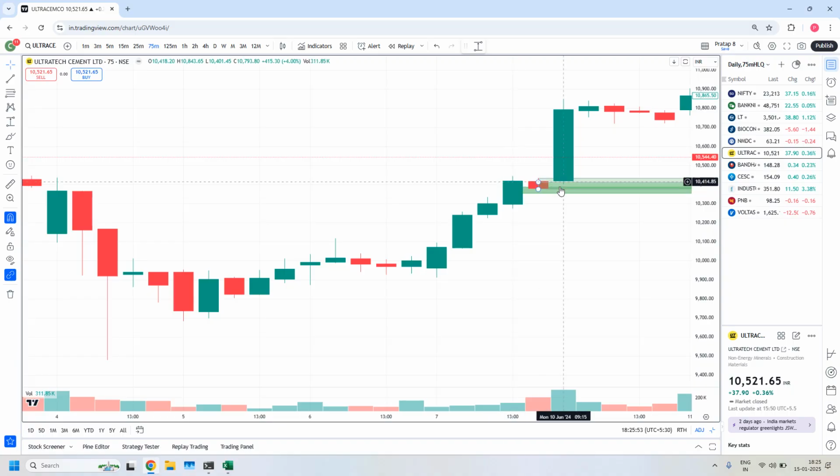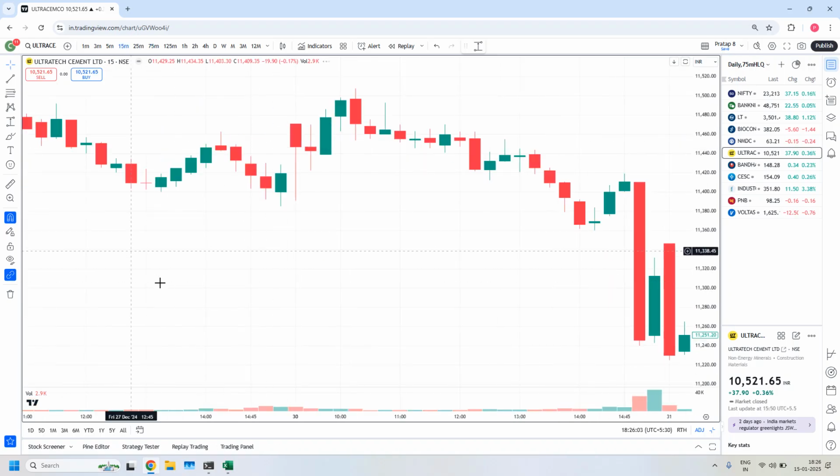This is a rally base rally. Zone 2024 stock, rally base rally. This one is fine tuned with 15 minutes time frame.